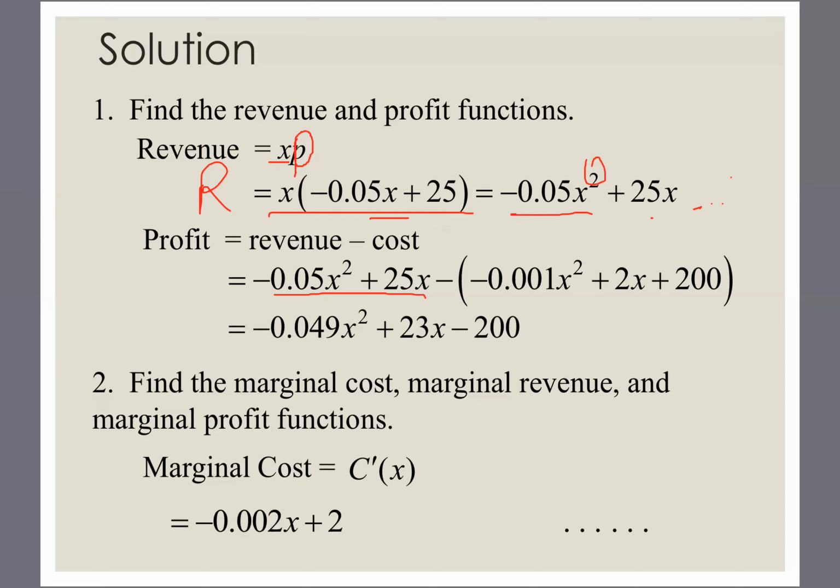The cost function is already given, but remember, when we subtract it, you need to be careful with this minus, because we need to deduct the whole cost function, right? This minus is common for all the terms in the cost function, so it is better to put brackets here.